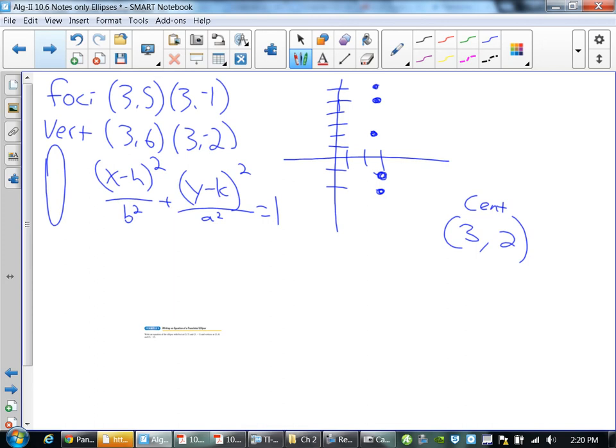I know that the value of a is the distance from the center to the vertex. So going from 2 to 6 is a. How much is that? 4. So a is 4. From center to focus is c. How much is that? 3.